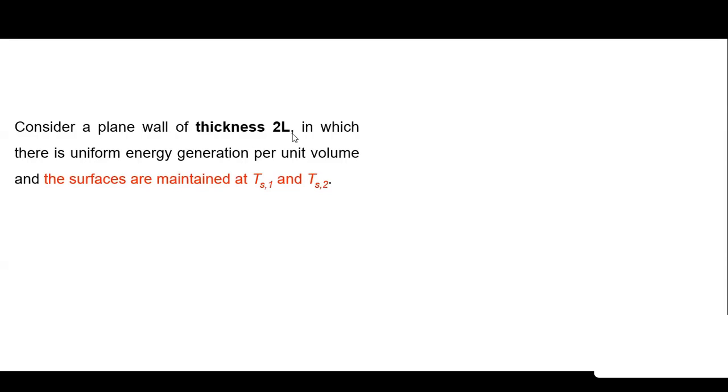Note that it is 2L, not L. Just for simplicity it is taken as 2L, because when you take 2L, we can take the center plane as the origin plane, and on both sides of the center plane it will be minus L and plus L. That simplifies the calculation. That's why normally when we are considering a plane wall, we take it as 2L thickness. Whatever thickness is there, we call it 2L, in which there is uniform energy generation per unit volume and the surfaces are maintained at Ts1 and Ts2.